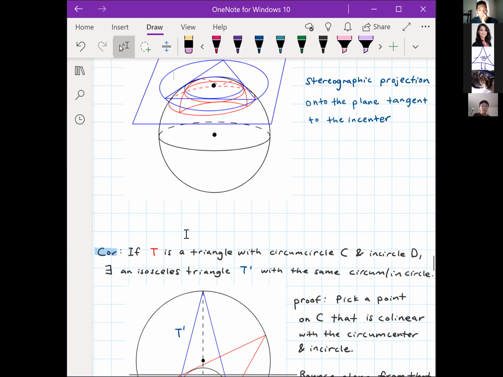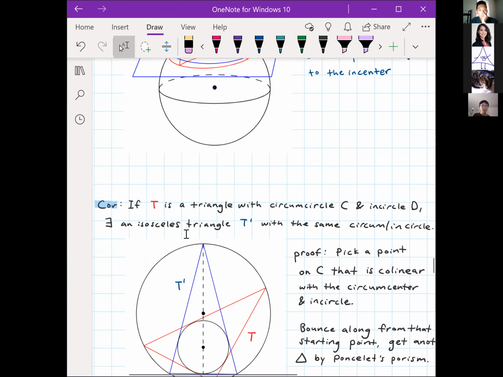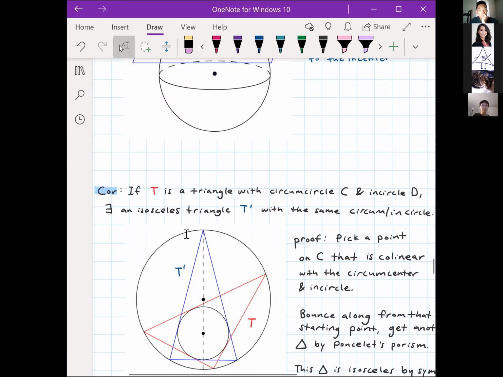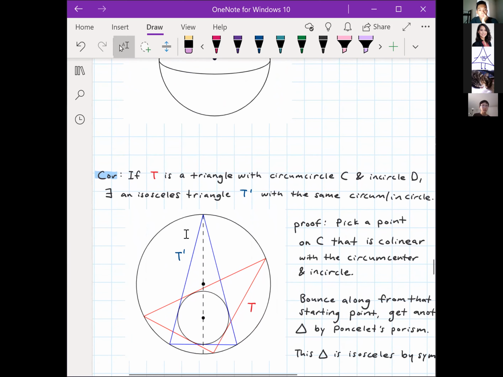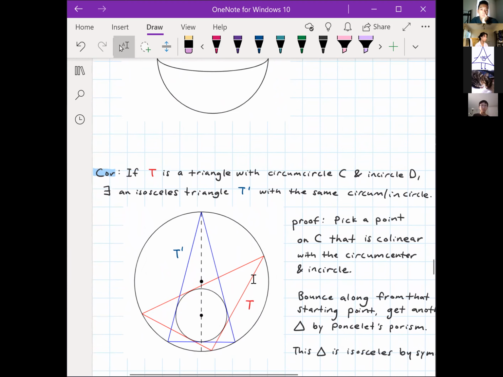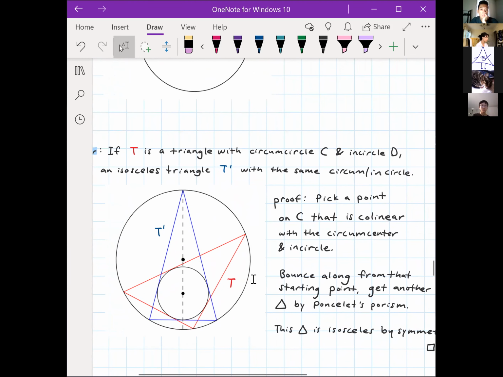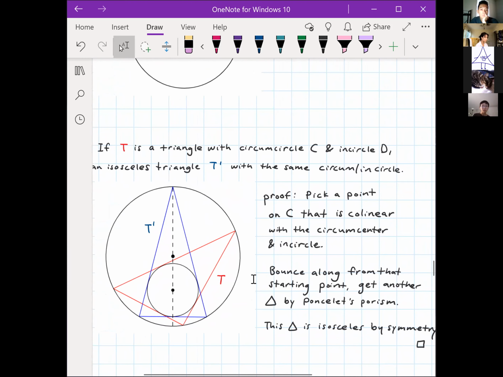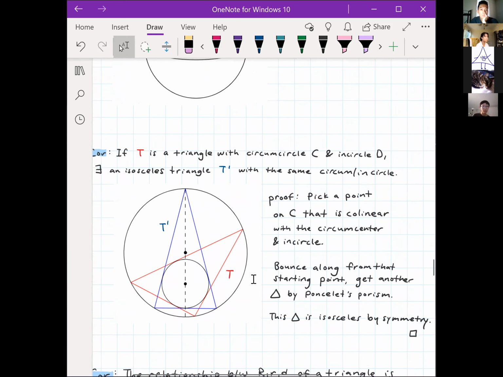Okay, so a corollary of this is that if you have a triangle T with circumcircle C and incircle D, then there exists an isosceles triangle T prime with the same inner and outer circles. Just a kind of proof sketch here.